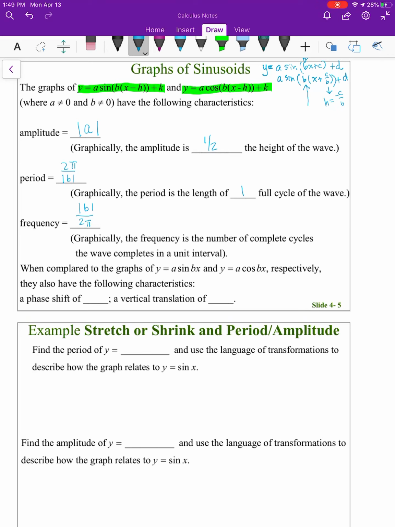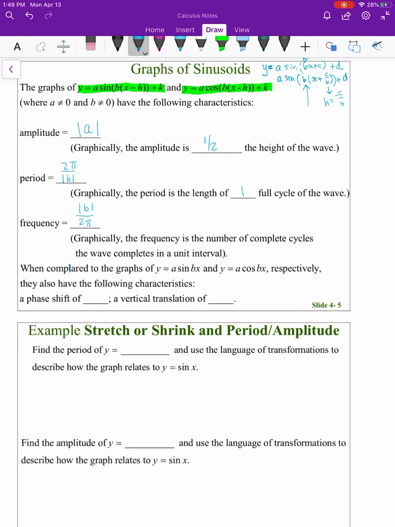The frequency is the reciprocal of the period. So notice that you're just flipping those two. It's the absolute value of b over 2 pi. Graphically, the frequency is the number of complete cycles the wave completes in a unit interval.